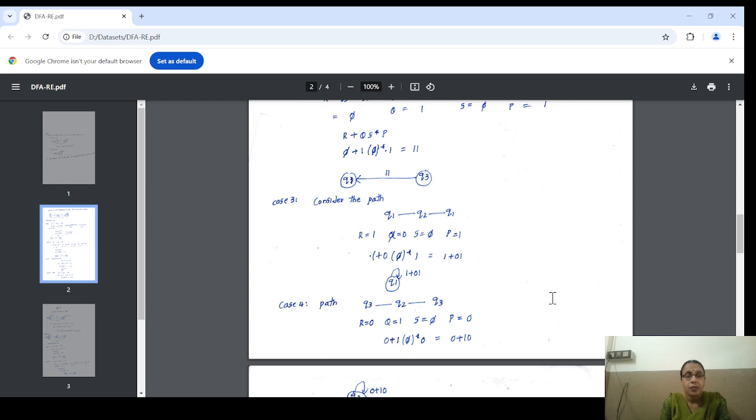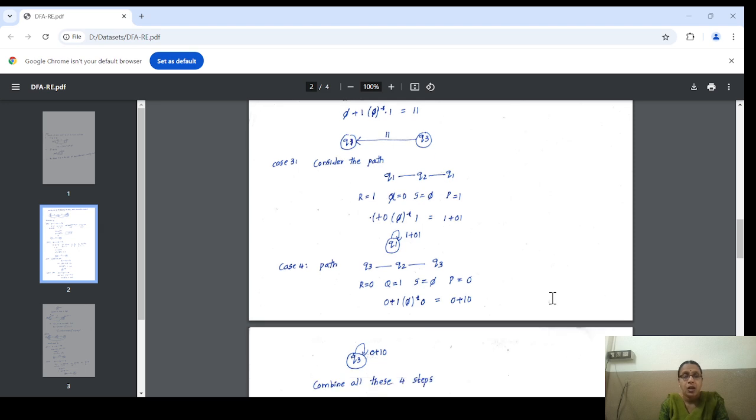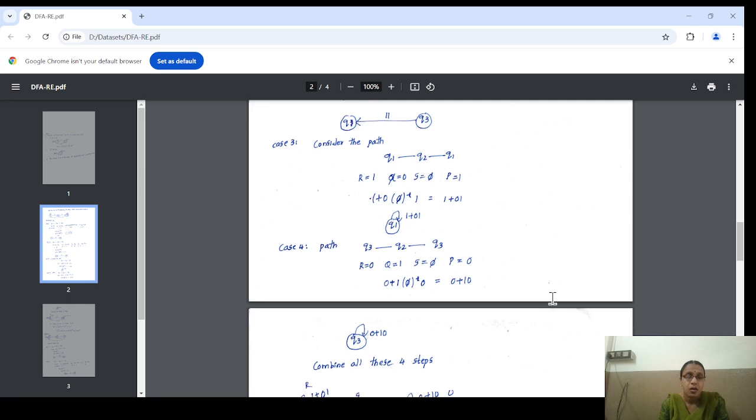And S equal to phi means in Q2 there is no self-loop. And P means Q2 to Q3, so the value is 0. So after substituting all these values in the formula, we get phi plus 1 phi star 0, which is 0 plus 1 0 whole star. Generally, phi star equals epsilon. So for Q3, the value we got is 0 plus 10.